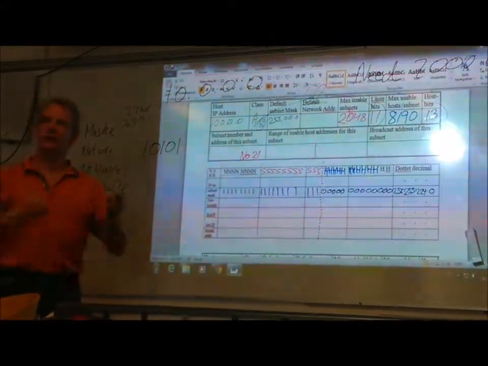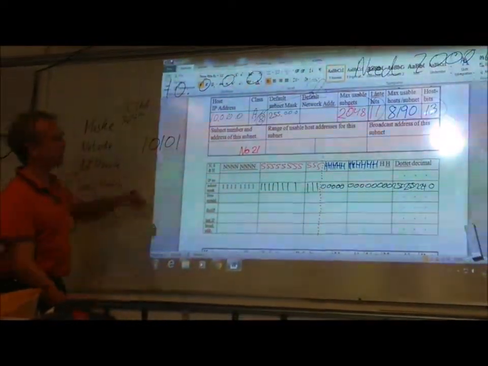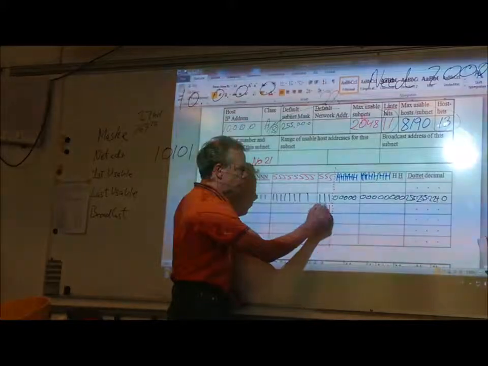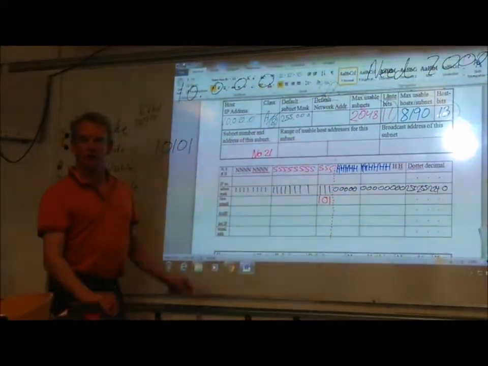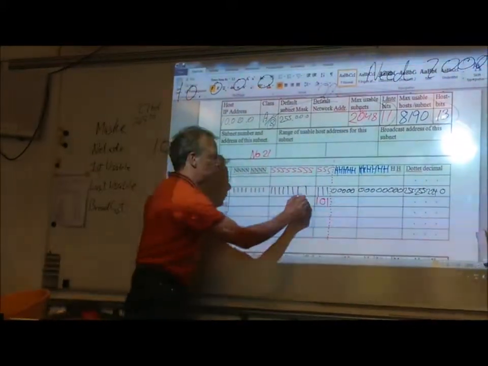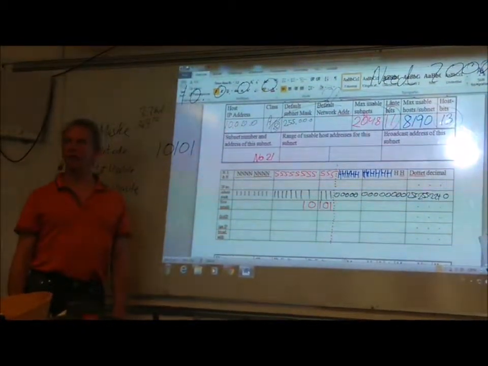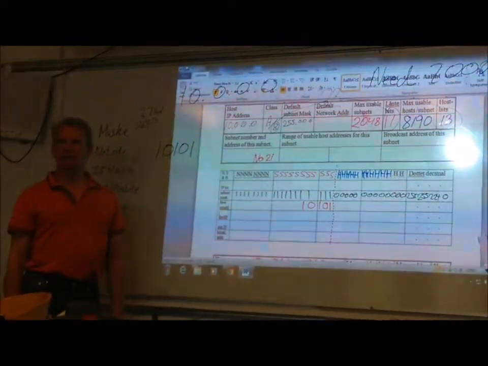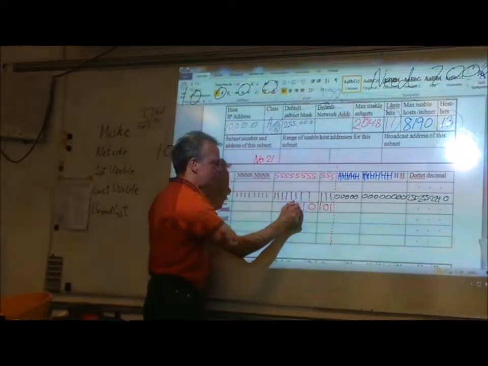Put on the glasses, but see only red. You can only see those bits. Take that pattern and write it there: 1, 0, 1. In this case, don't look at the boxes, look at the subnet bits. So, 0, 1. Now we have the number under the subnet bits. But we need 8 bits in each box, so add zeros in front.